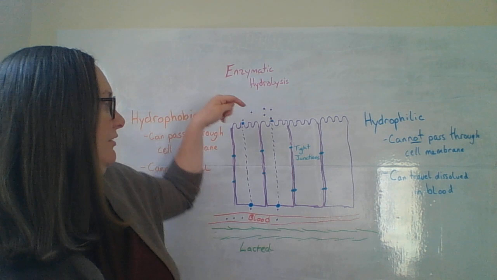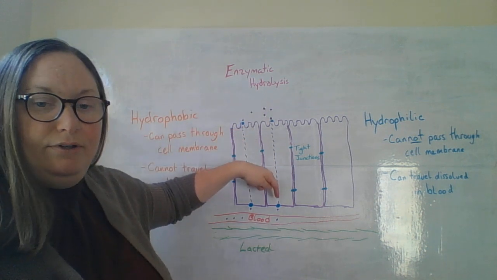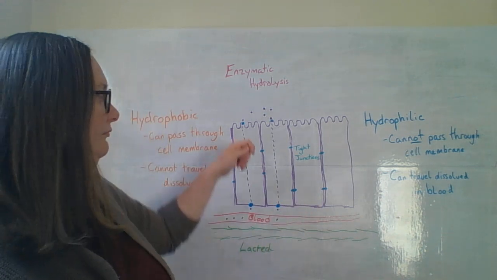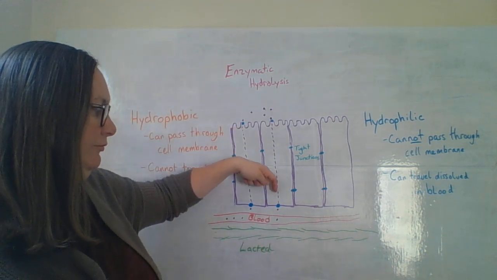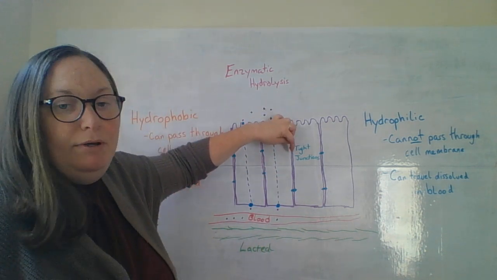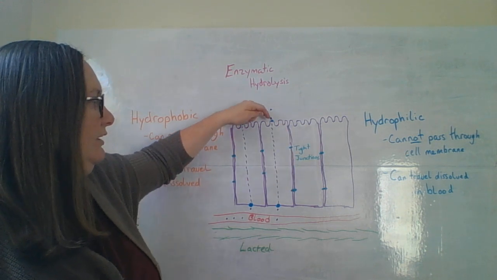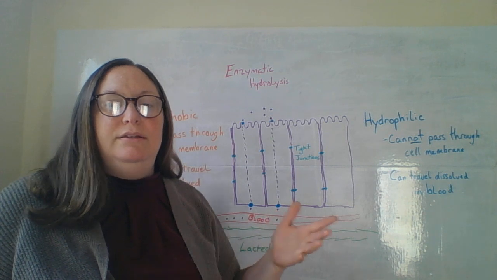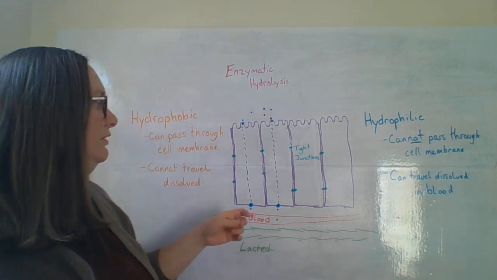That means that things have to go through the cell, so transcellular transport. Going between would be paracellular. So transcellular transport is what we're going to be doing in these situations here.